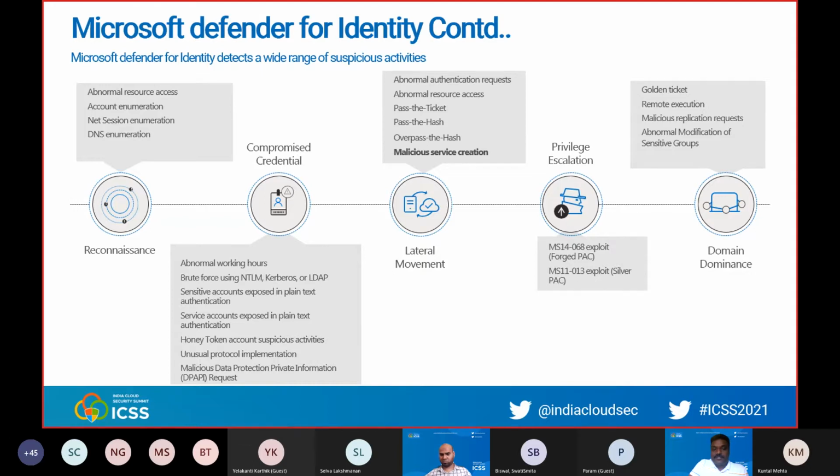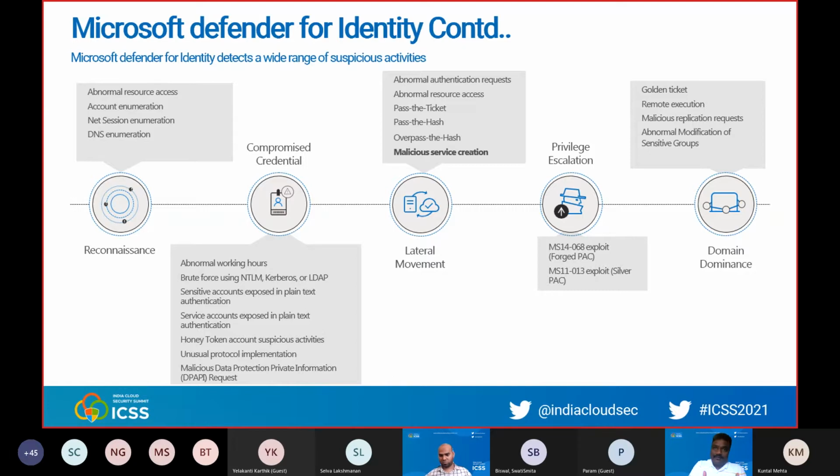And similarly, in the compromised credentials, we can see abnormal working hours, which I have already given you an example. For example, if I am a user in one organization and my working hours are normally 9 to 5 in the morning, Microsoft Defender's machine learning identifies that Sebastain Gomes is so-and-so user, and his usual behavior of logging into the network is from morning 9 to 5 p.m. Australian time.